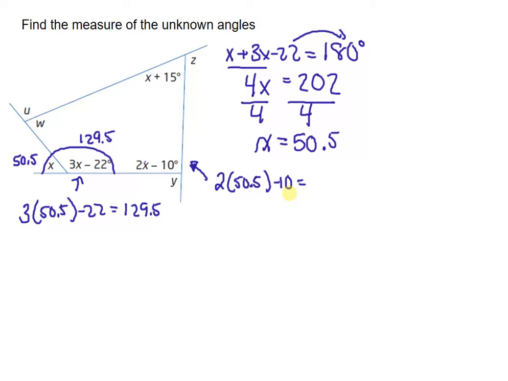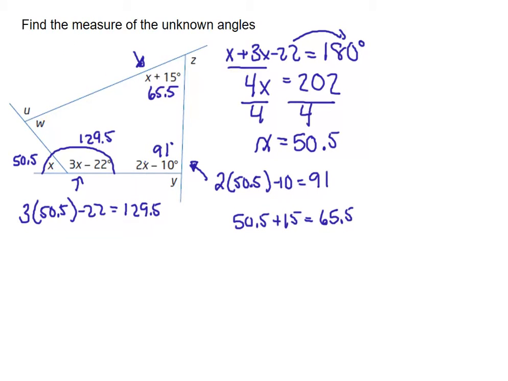And when I plug it in, I get 91 degrees. And x plus 15. So 50.5 plus 15, I get 65.5. Okay. From here, everything else should be quite easy.